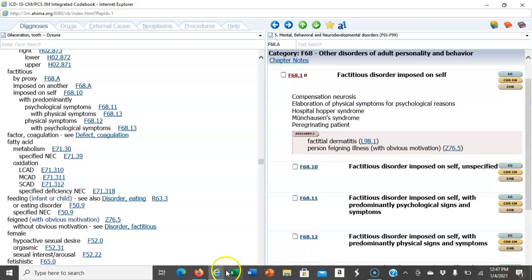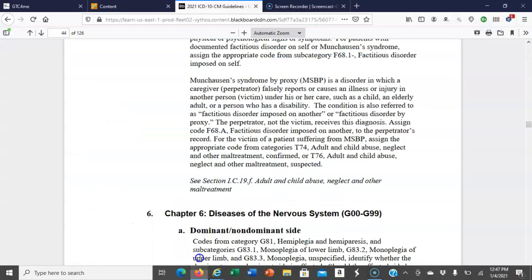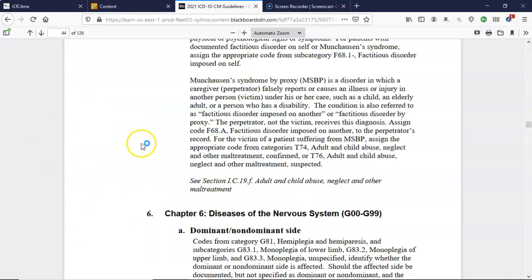If you go to course content, you'll find these guidelines are in your course resources. The perpetrator, not the victim, receives the diagnosis. So you assign this code on the perpetrator's chart or account.